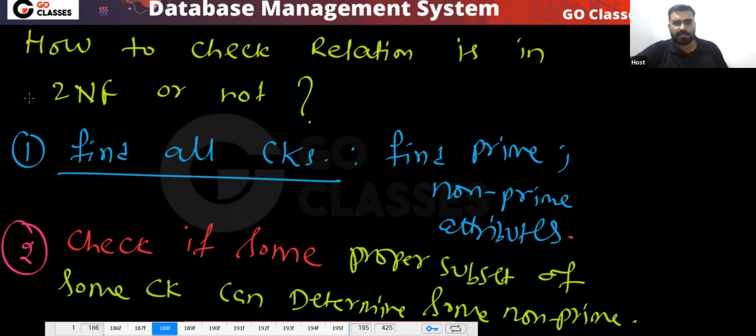Is this clear? Some non-prime attribute. So just do this, very simple.